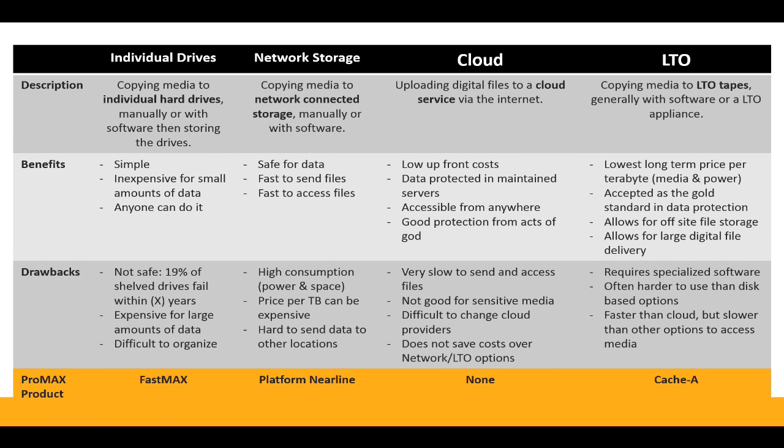So when it comes to network storage, the upside is it's really fast, it's immediately accessible, and everybody can access it throughout your facility. The downside is it's really expensive. It takes up space, it takes up power. When you run out of the 32 terabytes that you had, you have to buy more storage, and that's really expensive.